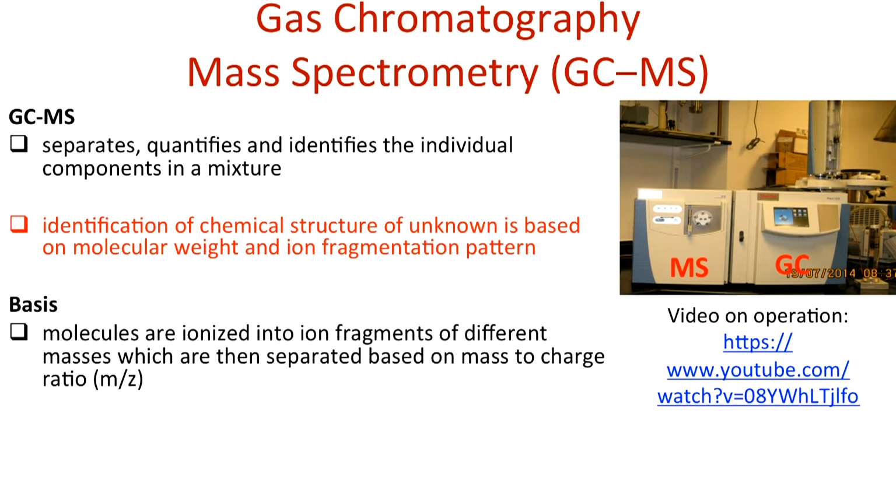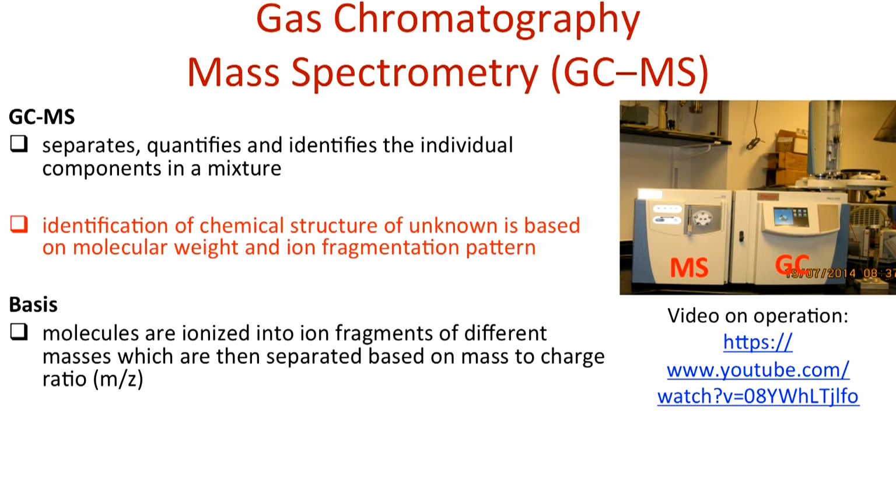So GCMS, now we combine the mass spec part. With GC, you're able to separate and quantify your organic compounds. But when you add the mass spec part, you can do both, as well as identify the individual components in a mixture.